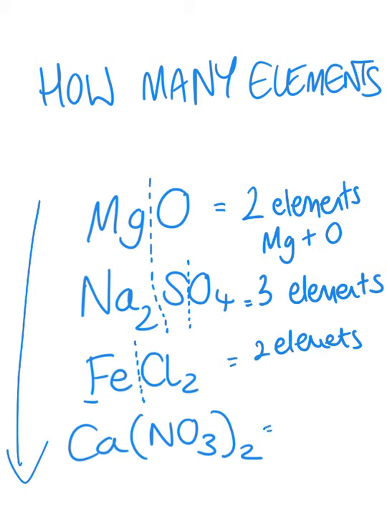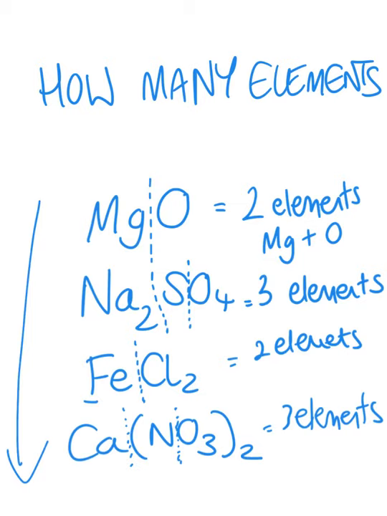Those brackets aren't relevant unless you are calculating the number of atoms. We are just calculating how many elements, so we're going to ignore the brackets. So capital C, small a, calcium, capital N, nitrogen, capital O, oxygen. 3 elements. That's the first stage.